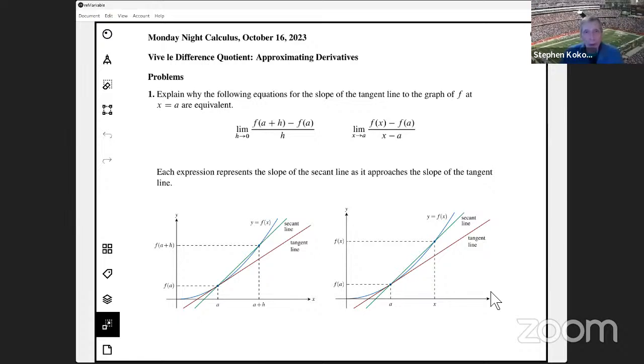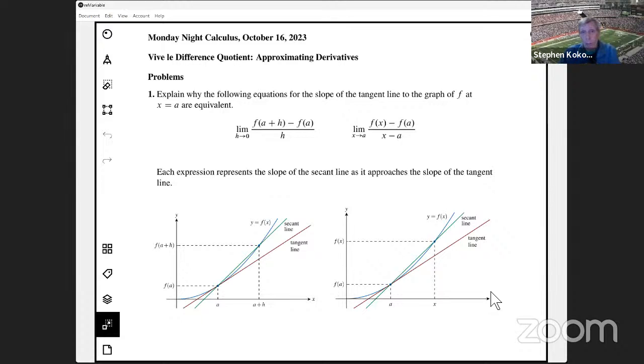So the first problem tonight that we posted had to do with this. It says, explain why the following equations for the slope of the tangent line to the graph of f at x equal a are equivalent. Now, when I teach this, when I introduce the need for a limit and then eventually a derivative, I usually talk about the tangent line and the velocity problem.